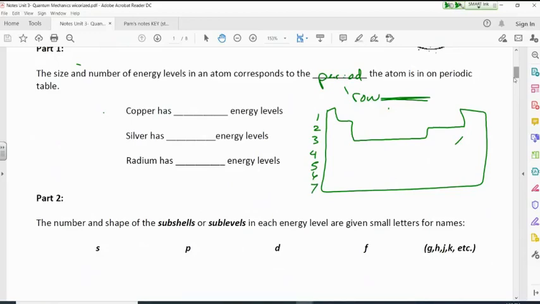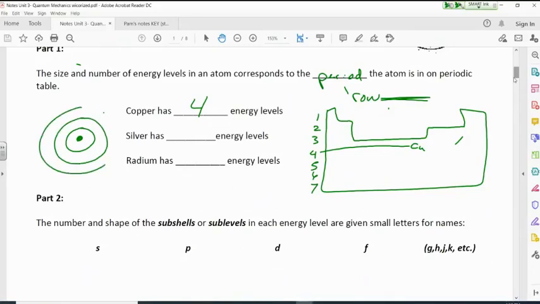When you look at your periodic table, copper is Cu, and it's right here. I did not do a very good job lining it up. It should have lined up with 4. So it's in row 4, so it has 4 energy levels. What that means is, if I have a copper atom here, it has a nucleus, some electrons at energy level 1, some electrons at energy level 2, some electrons at energy level 3, and some electrons all the way out there at energy level 4.